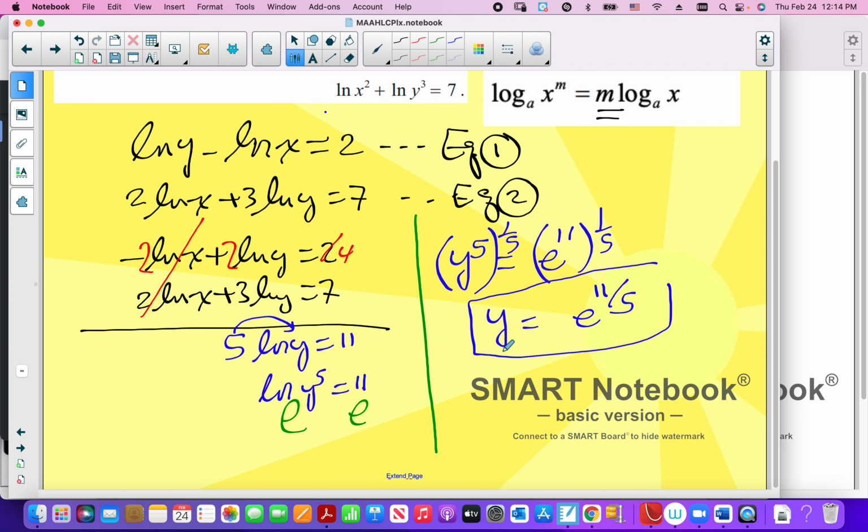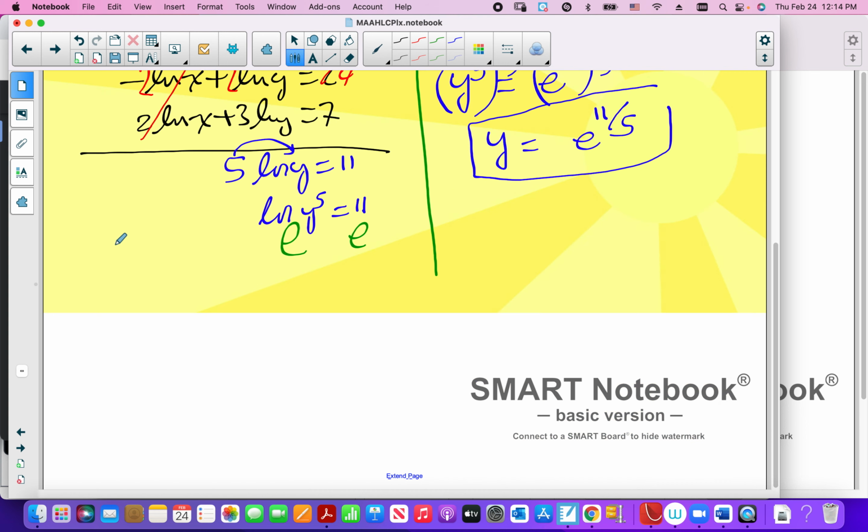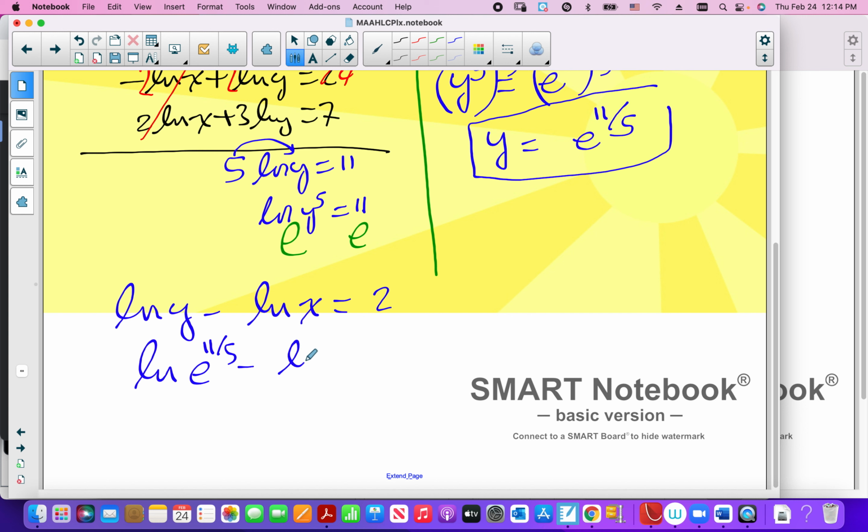Ln y minus ln x is equal to 2, so ln e to the power 11 over 5 minus ln x is equal to 2.